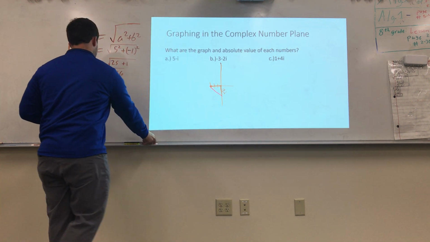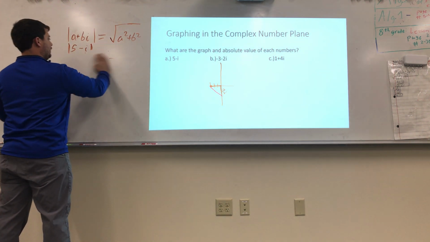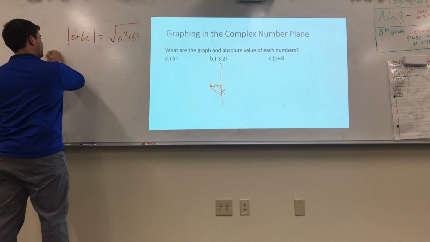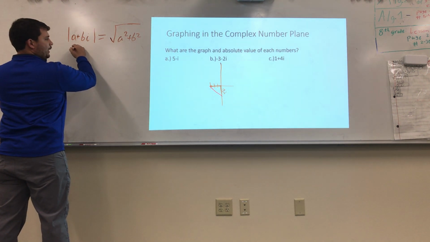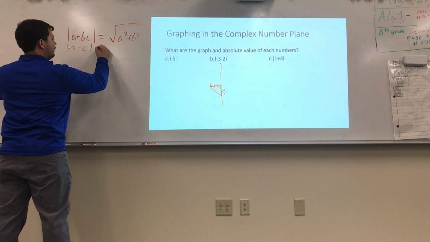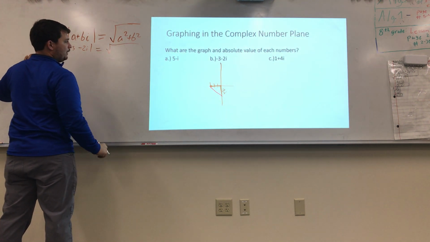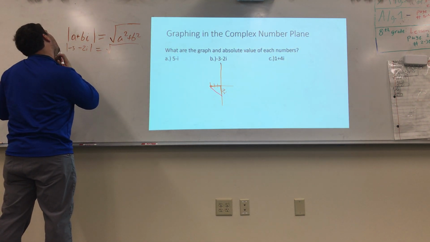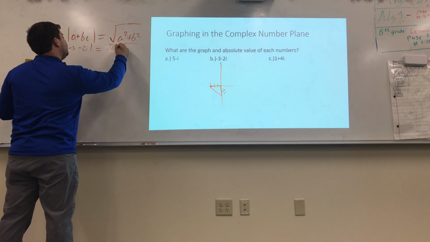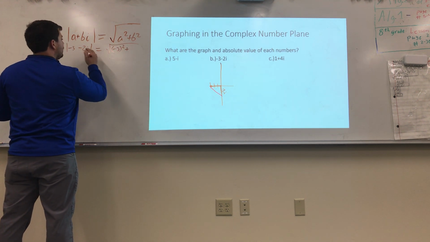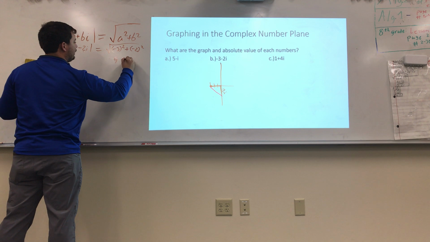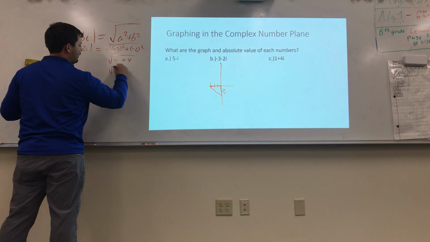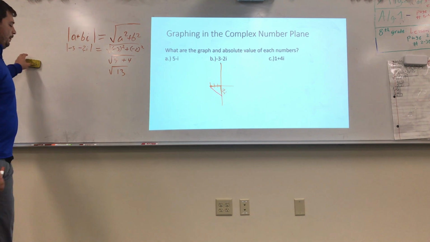We're going to put it into this equation: the absolute value of negative 3 minus 2i. Now we're going to substitute a, which is negative 3 squared, plus negative 2 squared. We are going to get 9 plus 4. This is the square root. Square root of 13 is our answer.